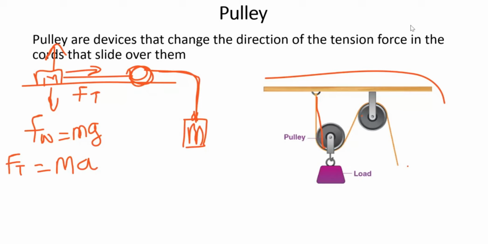Now the one hanging on the ground. Here is the force of the weight, that is the Mg, right? Then this tension force here, you have the Ft, because that is where the rope is applied.